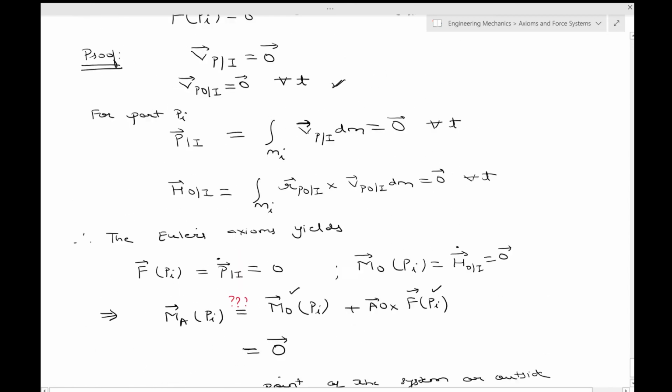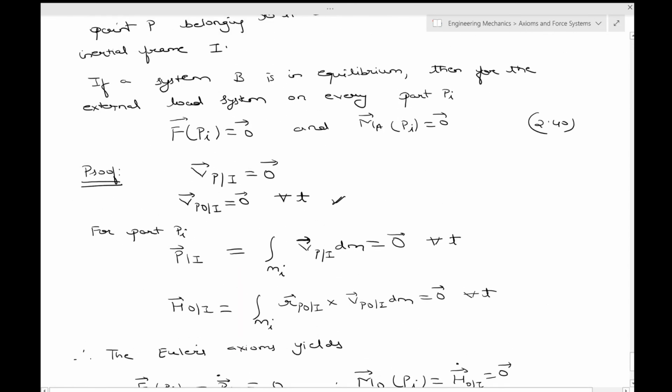So this should be called 2.40. So you can apply or extend this 2.40 to all the parts of this.